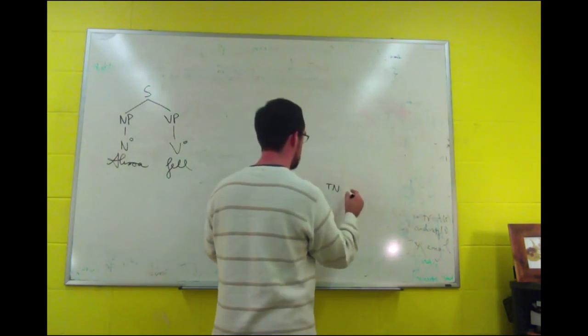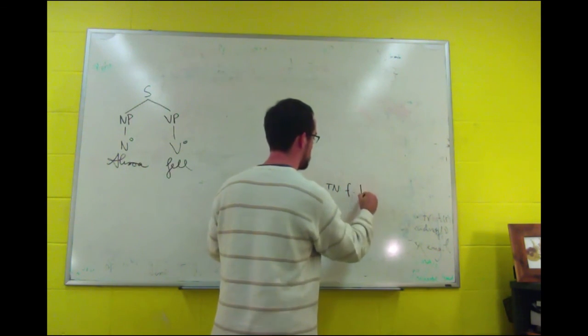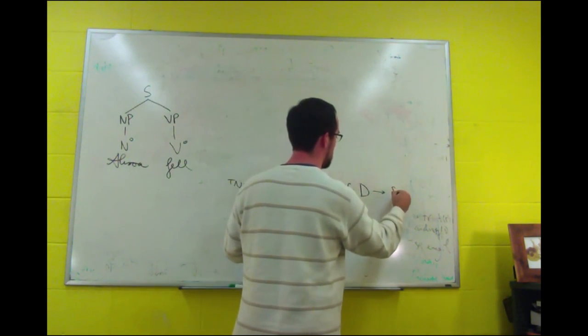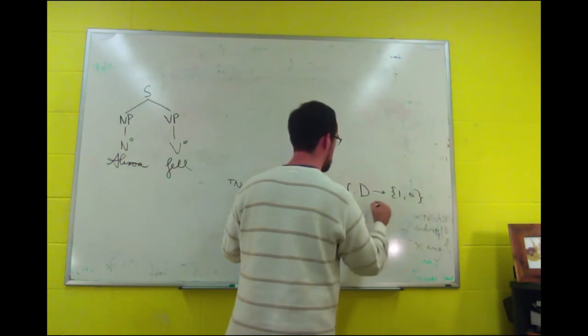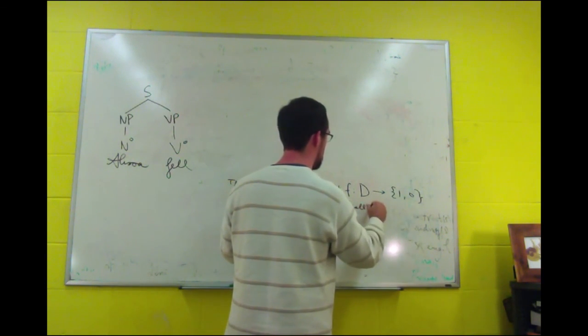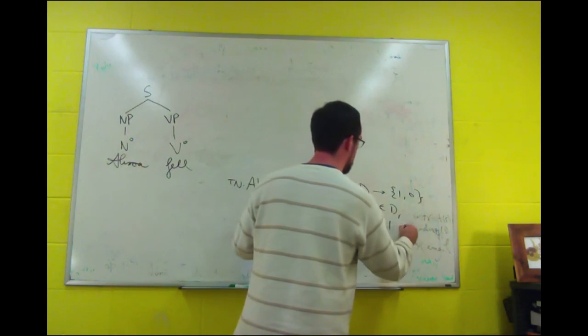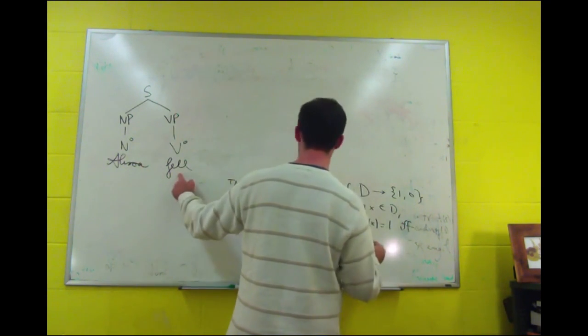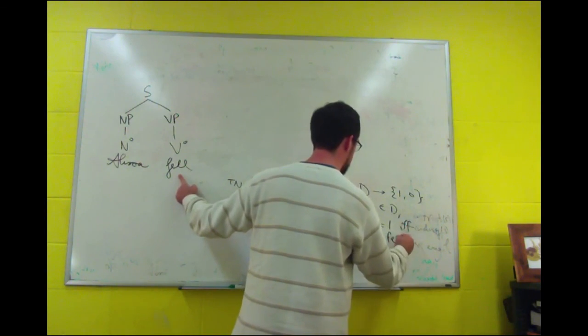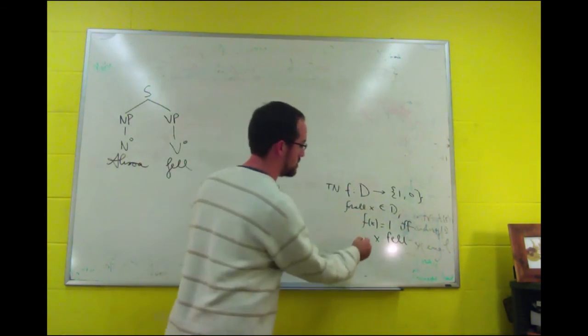And we'll have fell over here, which will be the function, let's say from D to 1 and 0, such that for all x in D, f of x equals 1 if and only if x fell.